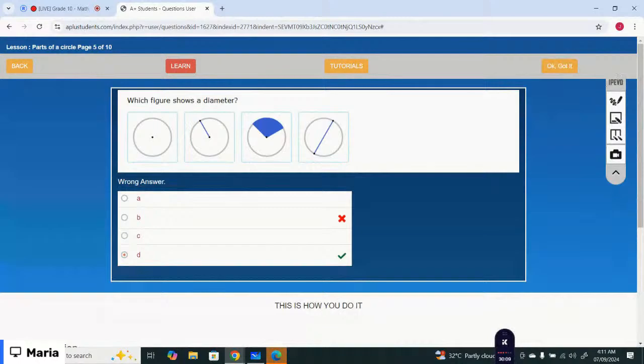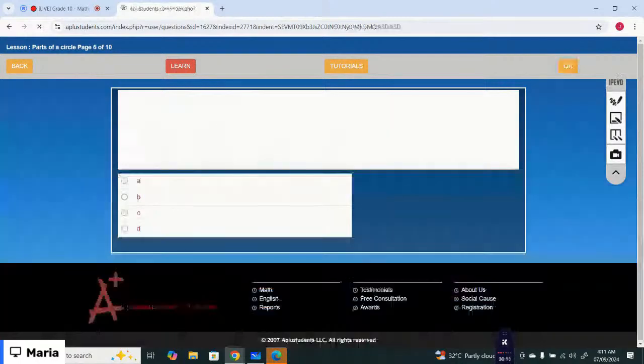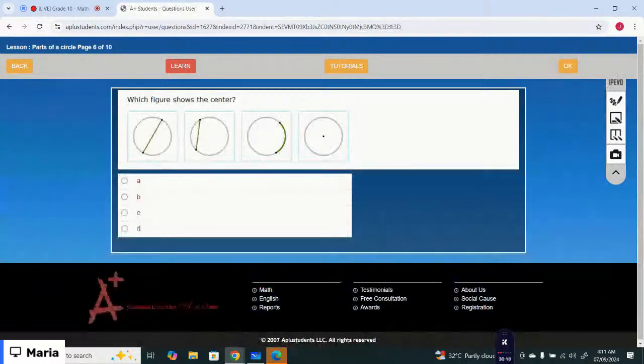The correct option is D. D is the center of the circle, right? Okay, you can complete the lesson by yourself later today. Let me just move on to the next lesson.